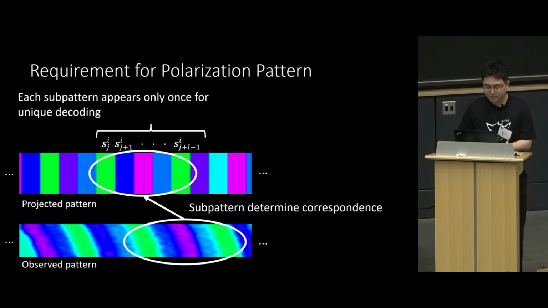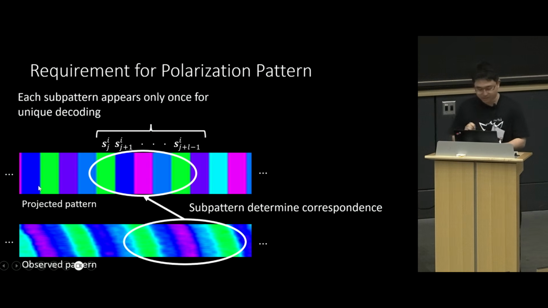To enable these decoding and polarimetric decomposition, our stripe polarization pattern should satisfy two requirements. First, each sub-pattern should appear only once. This guarantees unique pattern decoding because each detected sub-pattern uniquely determines its correspondence in the projected pattern.